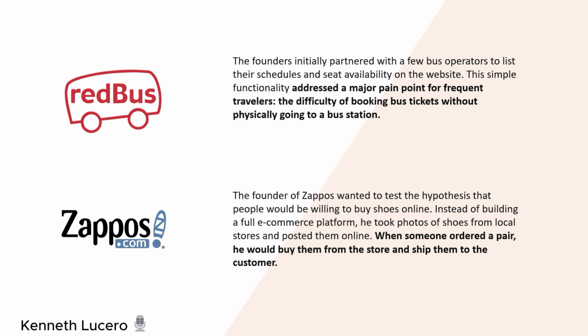He took photos of shoes from local stores and posted them, and manually bought and shipped them when an order came in. So the focus was on validating the core hypothesis: will people buy online?